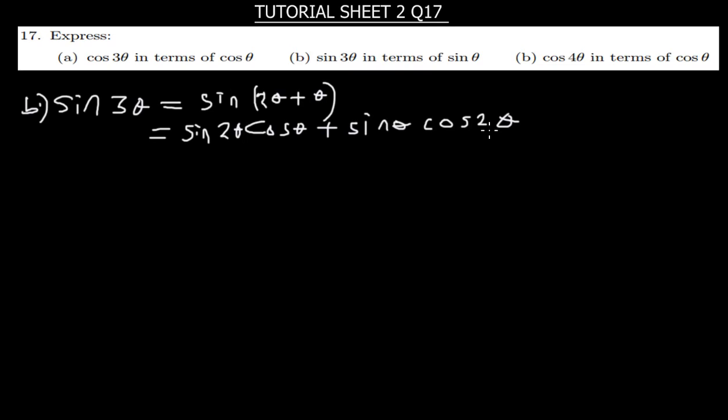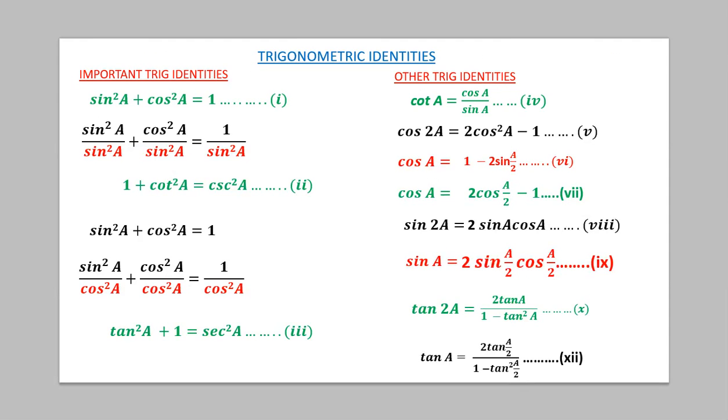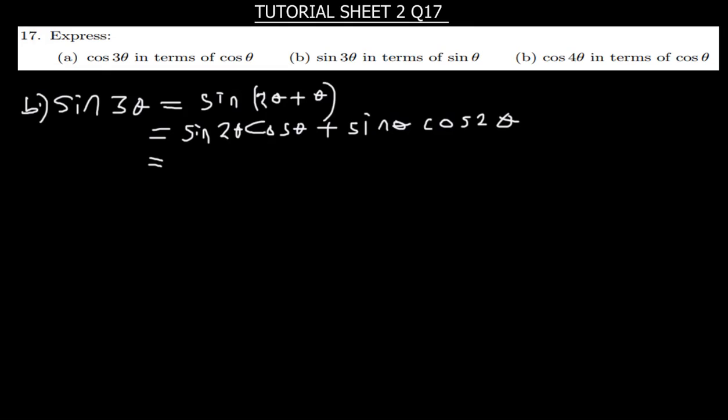So after having this, you can now express this sine 2 theta in terms of theta using the double angle formula for sine 2 theta, which is 2 sine theta cos theta. So this is the one that we're going to use here.